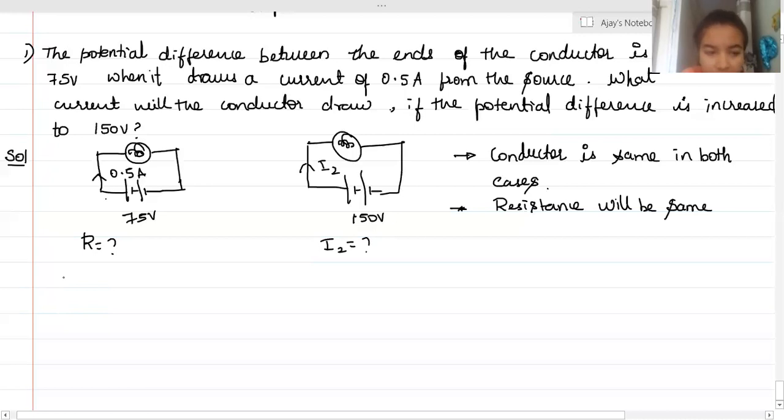So in case 1, V they have given 75 volts and I they have given as 0.5 ampere.